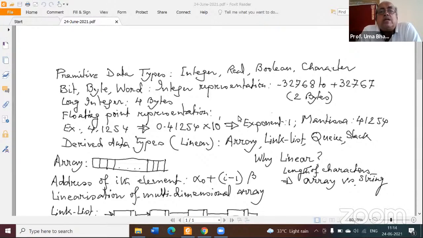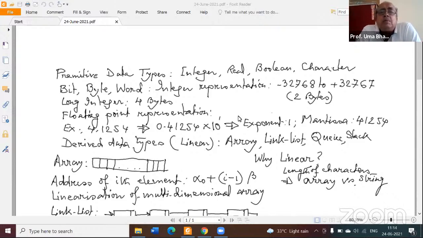So whatever values we have will be only on the right side. For the sake of understanding, if we follow the decimal system, 4.1254 can be considered as 0.41254 times 10 to the power 1.